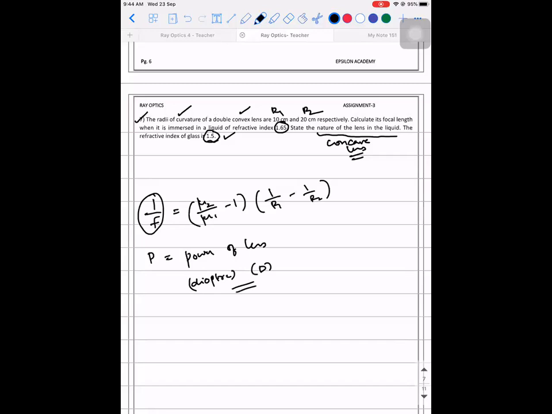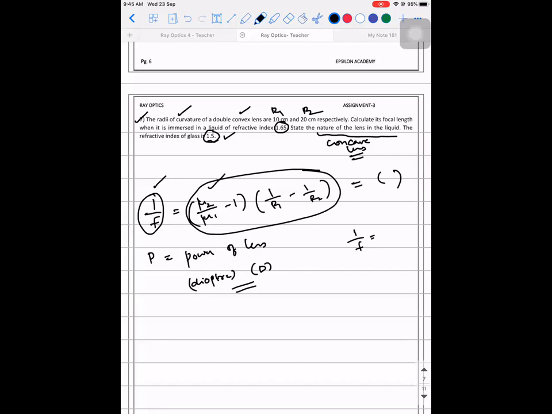Capital D is the symbol used. Why I told this point is, in some questions, instead of directly asking you the focal length of the lens, they will ask you power. So what you need to do is apply the same formula, 1 by f. Whatever value you are getting is directly the power. Don't take the reciprocal of it.